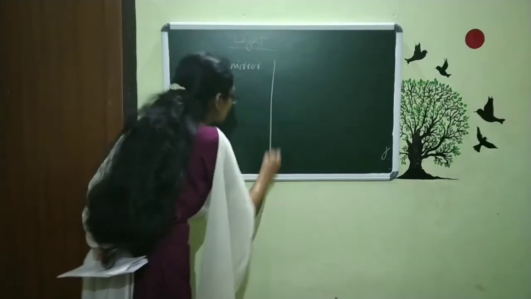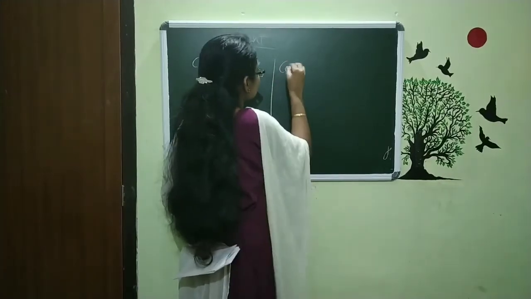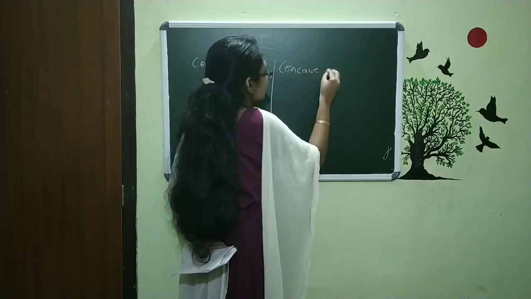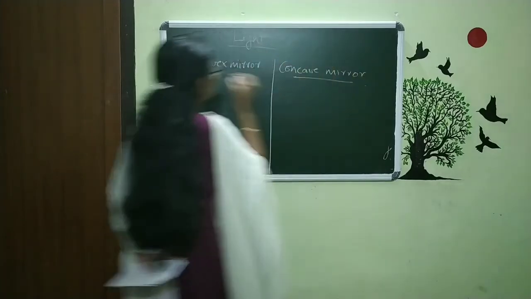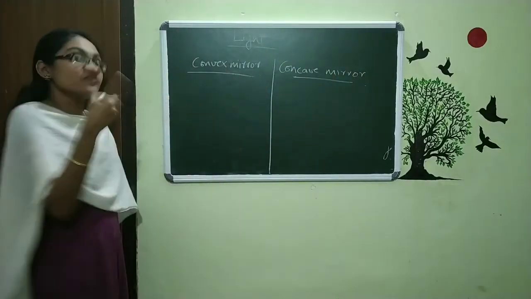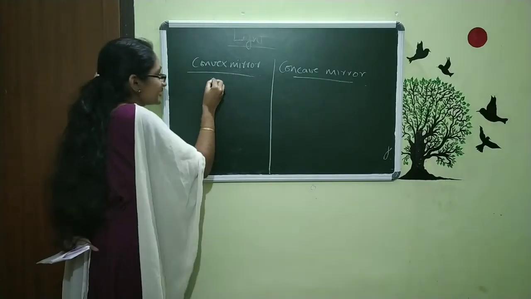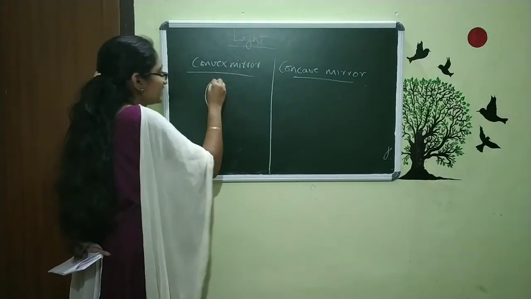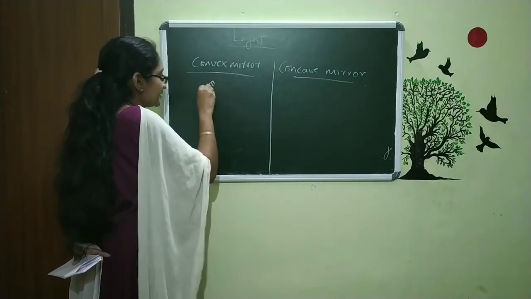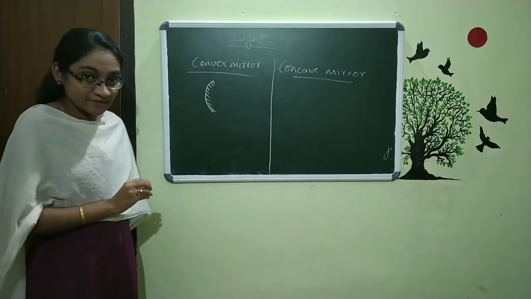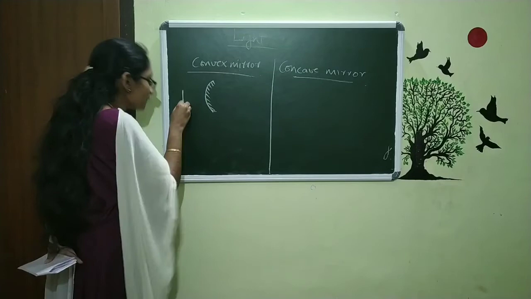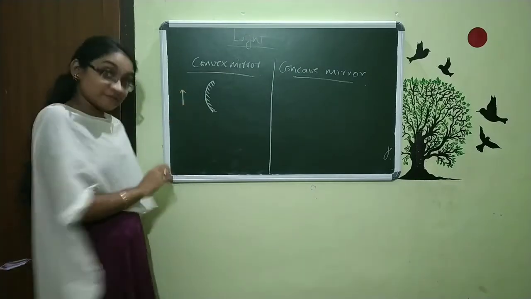We discussed convex mirror and concave mirror. For the convex mirror, the diagram is like this, and we are shading at this side.